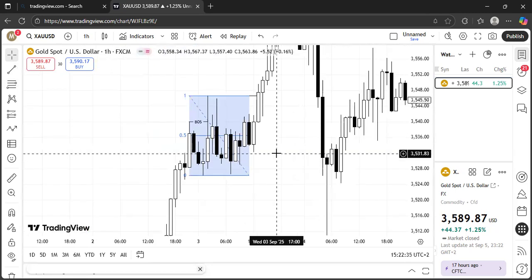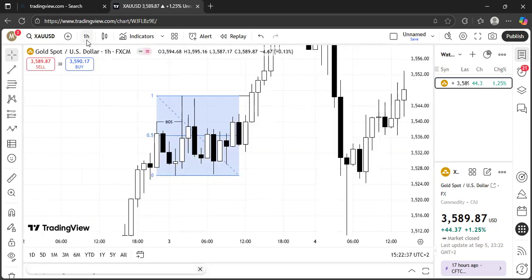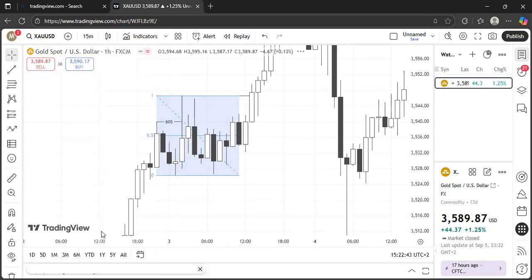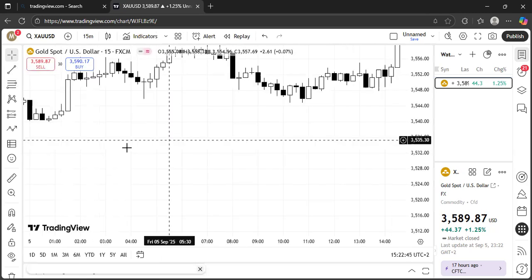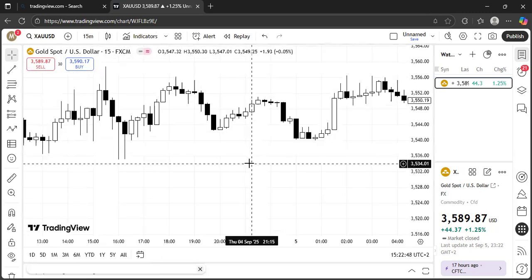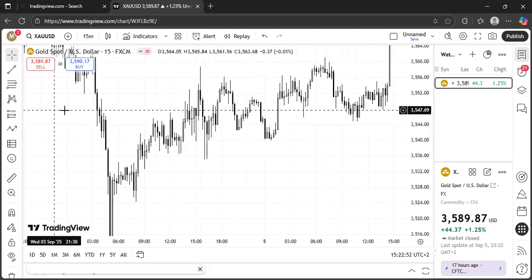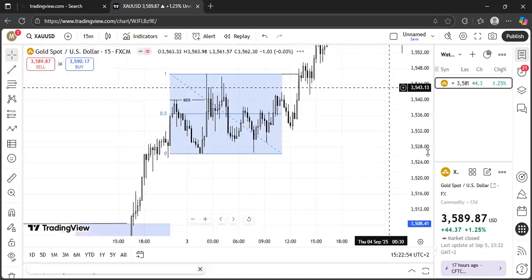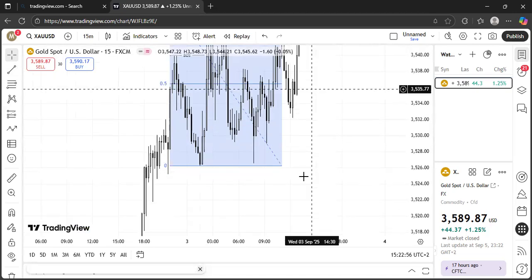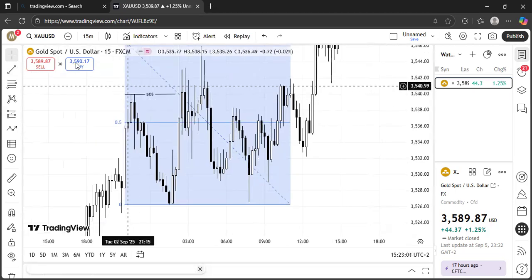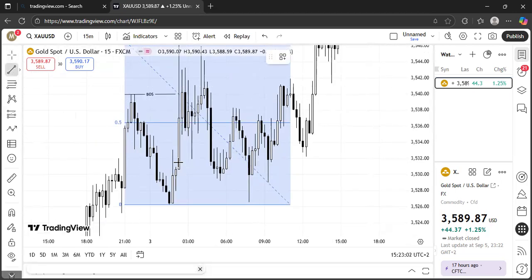Okay. As our setup, let's drop down to the 15-minute time frame. Let me zoom this out. Okay, we have our 15-minute time frame. Okay, we have our imbalance right here.